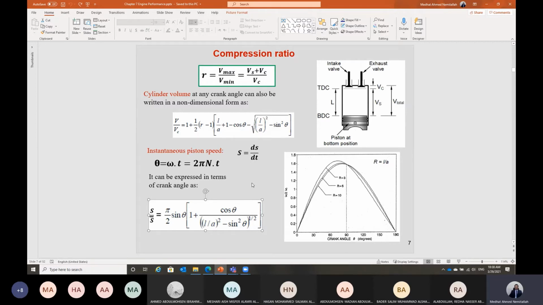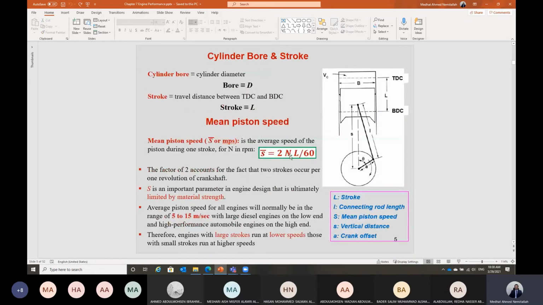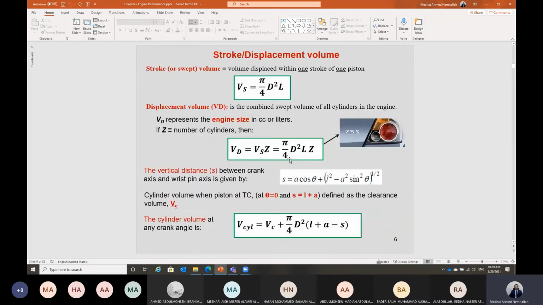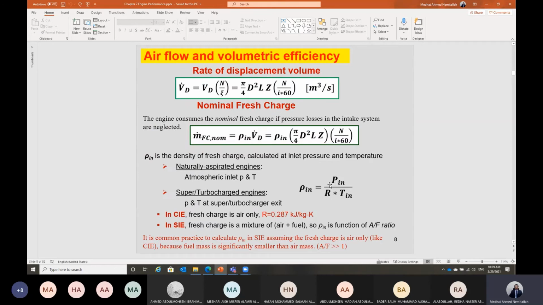So if you have the crankshaft at any given angle theta, you can just come up to this equation and divide S by S average. S average, or the mean piston speed, is equal to 2LN divided by 60. So if you have the engine RPM, then you can calculate the instantaneous piston speed at any given time in this case. Is that clear?